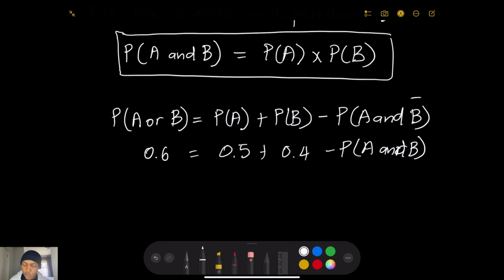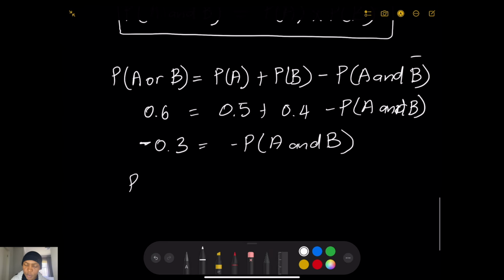If we take our mathematical gymnastics, 0.6 equals 0.5 plus 0.4, which is 0.9, minus the probability of A and B. So that gives us minus 0.3, meaning that the probability of A and B would be equal to 0.3.